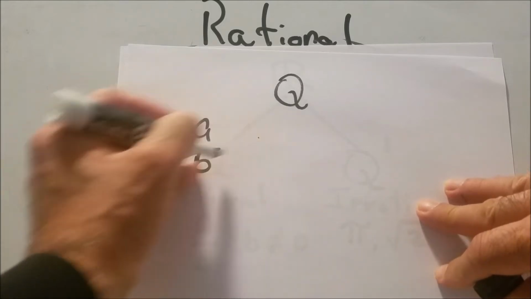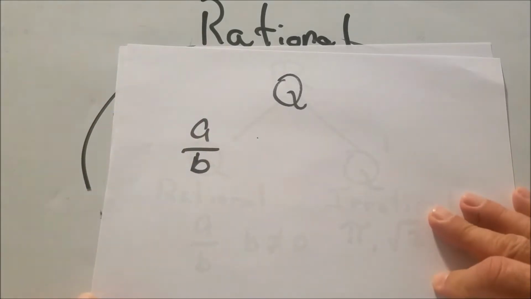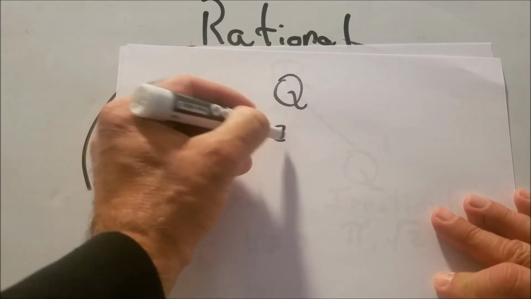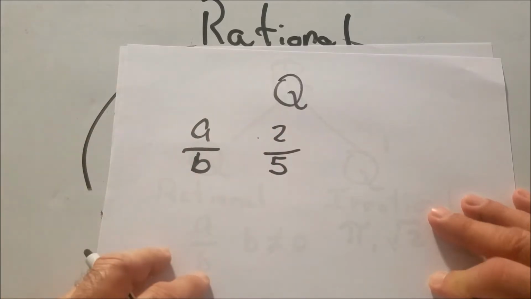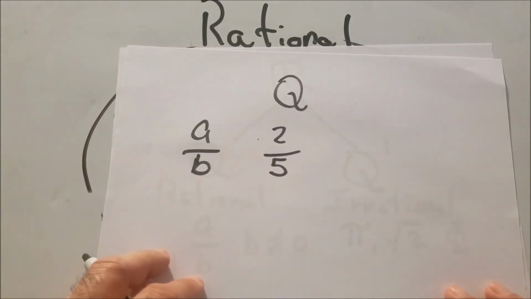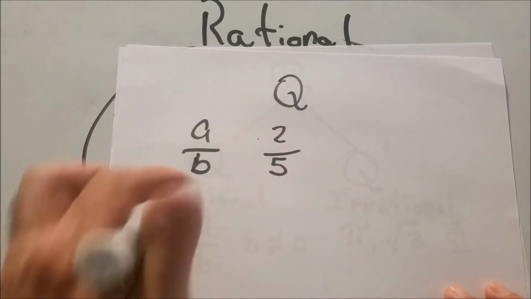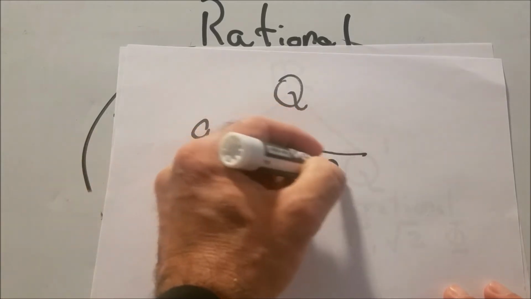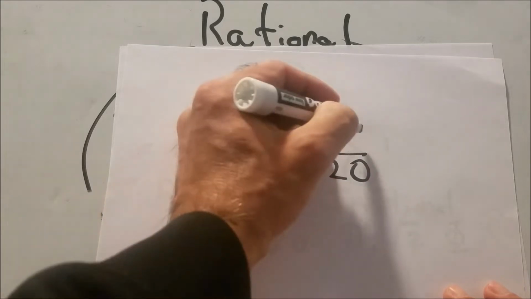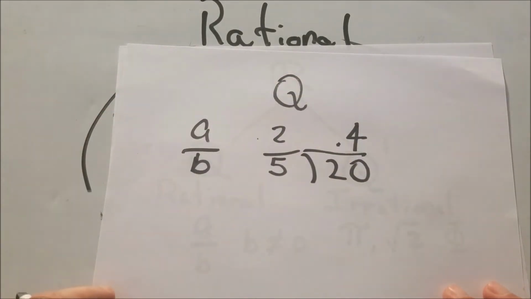But B can't be 0 because we said if B is 0, it's undefined. So when you make these whole numbers, they have to be made into a decimal. So any fraction could be made into a decimal. And here we go. It's 0.4. 2/5 is 0.4.